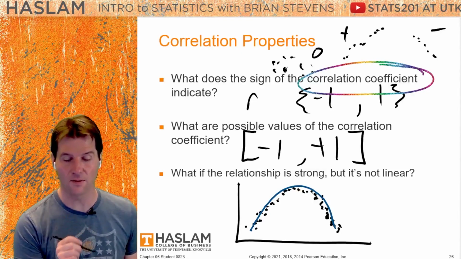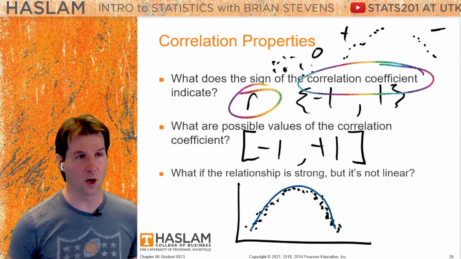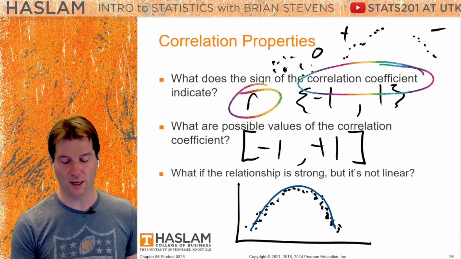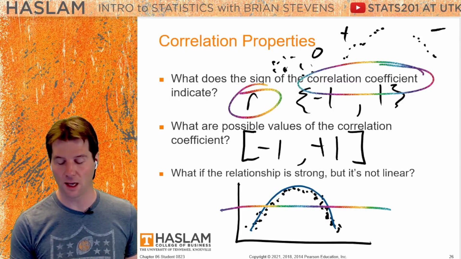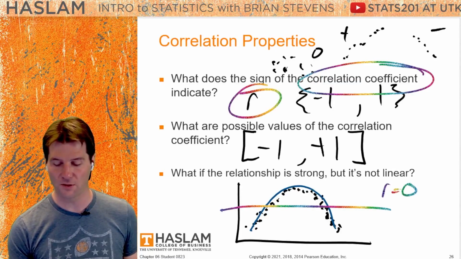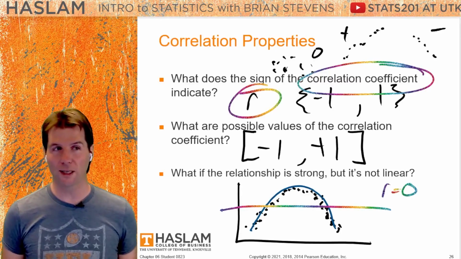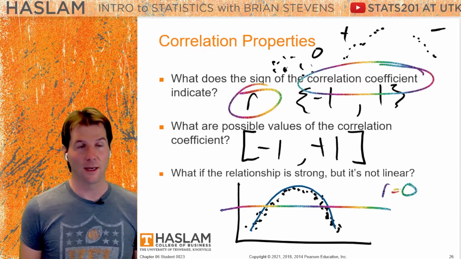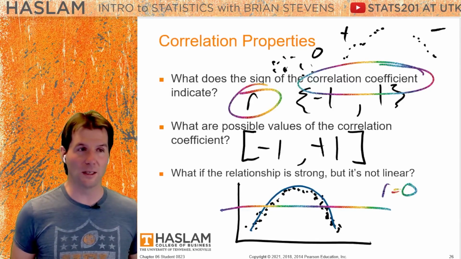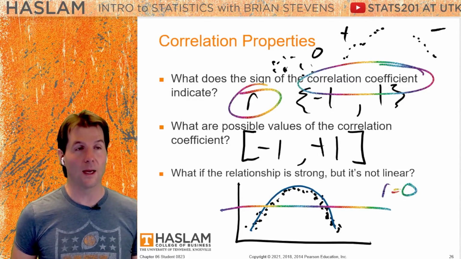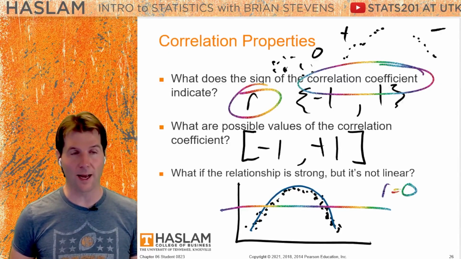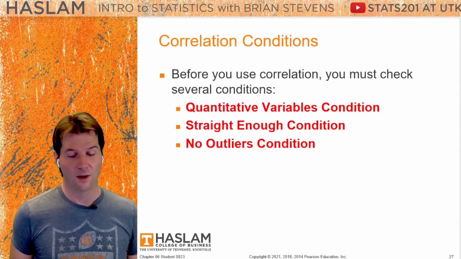I can't say that enough. The correlation value R only measures linear strength, which means the parabola would have a correlation of 0. So the linear relationship there is non-existent. And so a strong relationship can be non-linear, and thus the linear relationship comes back as non-existent.